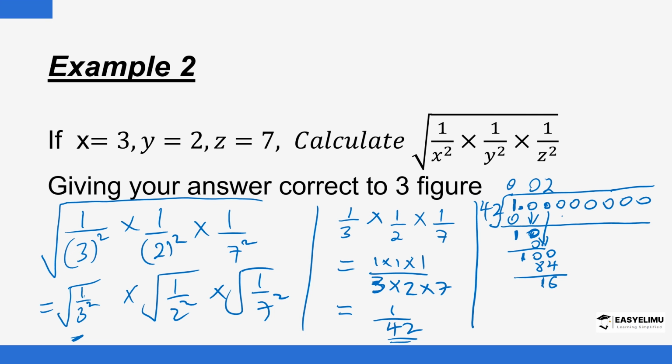You drop the next 0 here, 160. 42 goes into 160 how many times? 3 times. And 3 by 42 is 126. So 126. So you continue. This is going to be 4.